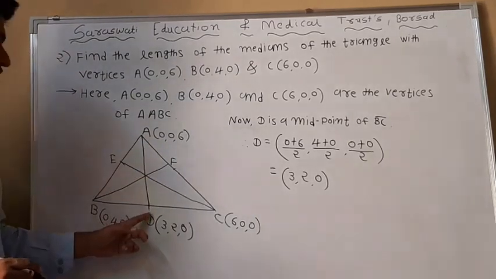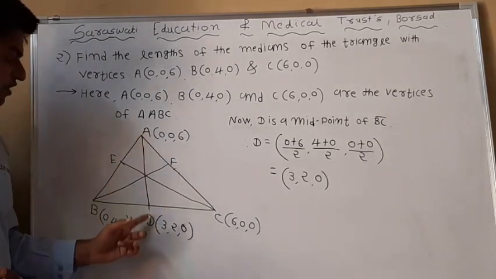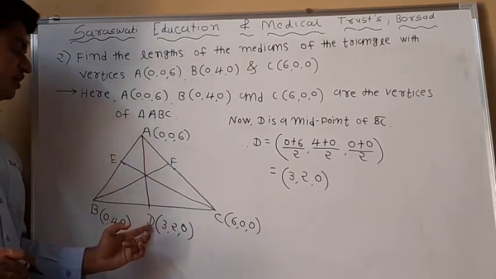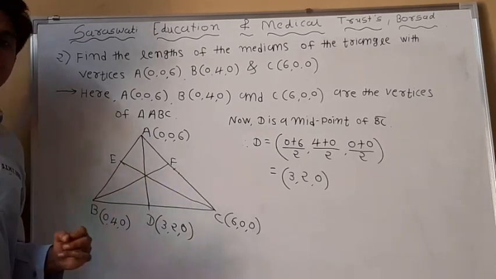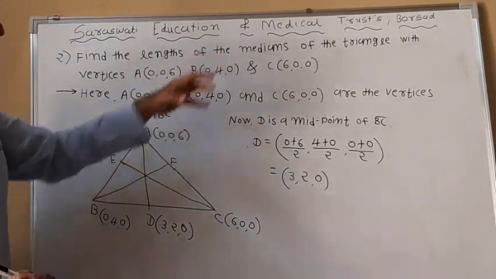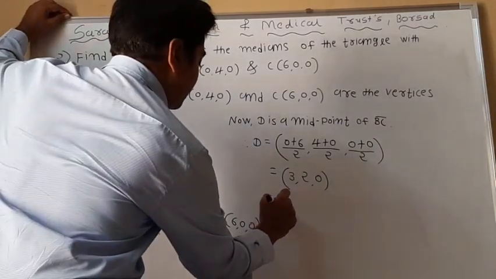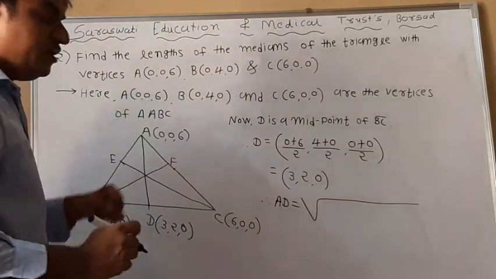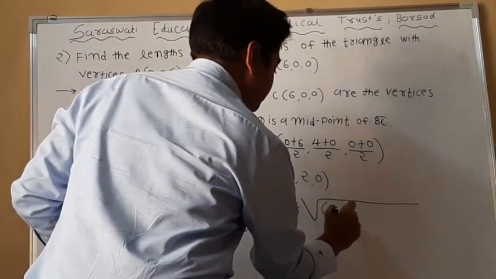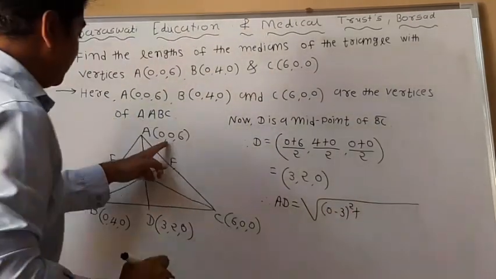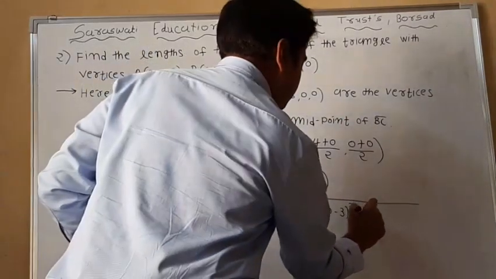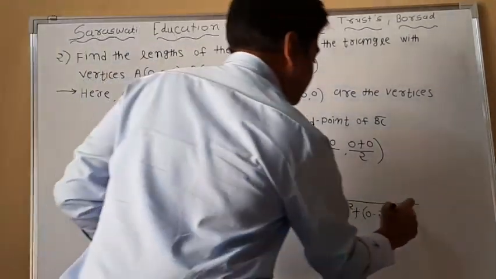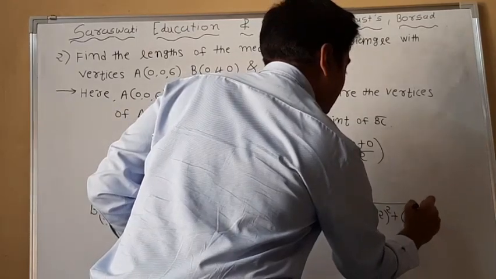Now to find out the length of median, that means find out the distance of AD. So here using the distance formula, find out the value of AD. So here we get the length of median. AD is equal to under root 0 minus 3 whole square plus 0 minus 2 whole square plus 6 minus 0 whole square.